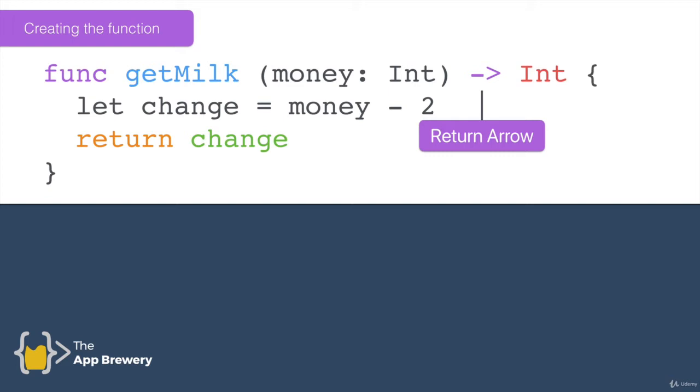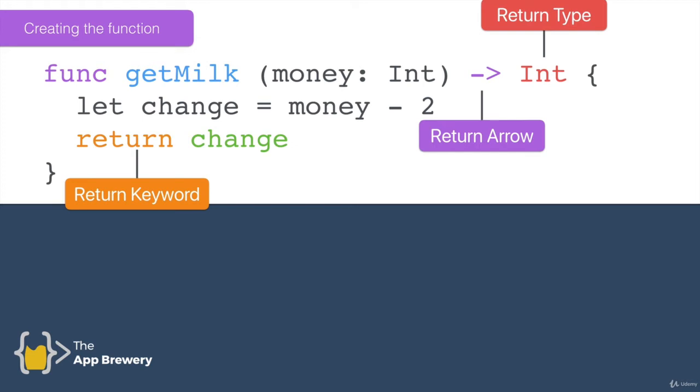Then we add the data type that we expect to return, so the return type. And then we have a return keyword somewhere in the body of our function. After the keyword is where we provide the value that will be the output of this function, or the return value. And that value, of course, must match the return type that we specified earlier on.